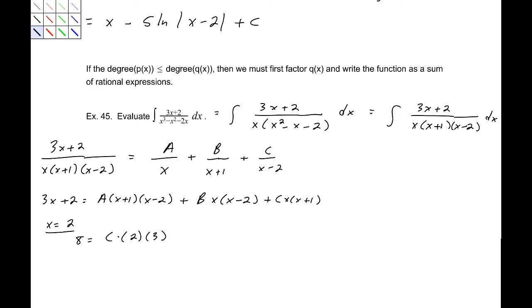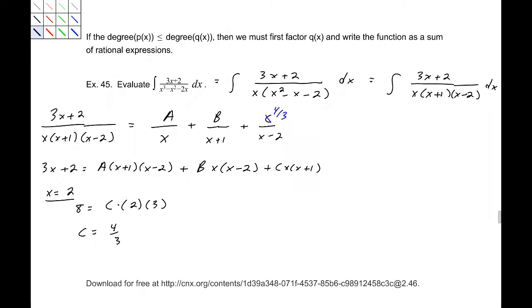So c times 6 is 8, so that means that c is 4/3. Okay, so going back up here, c is 4/3.